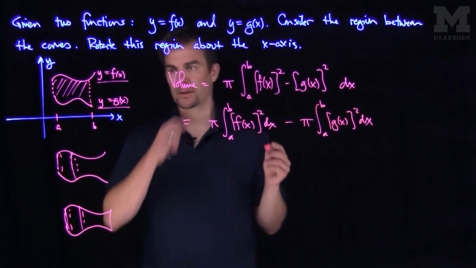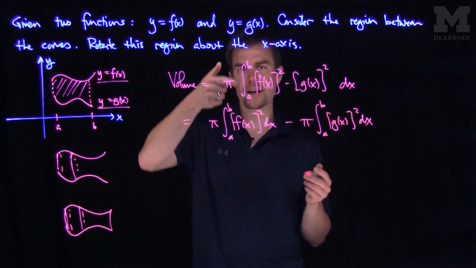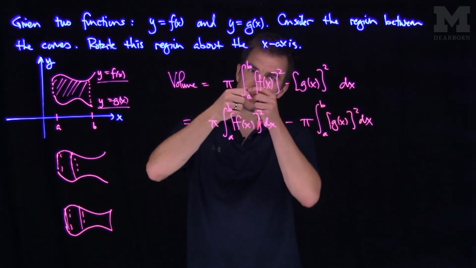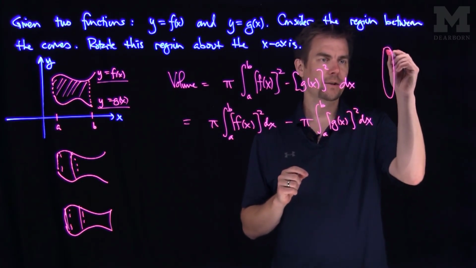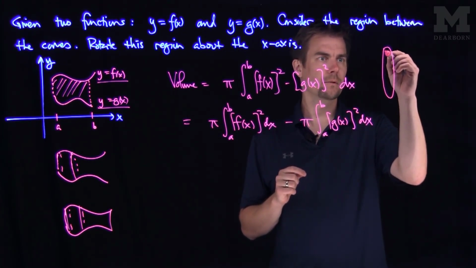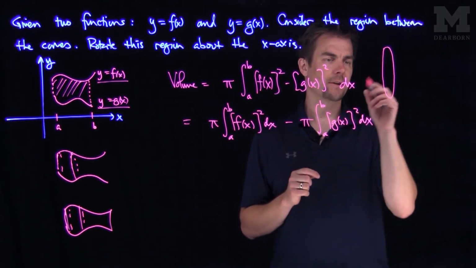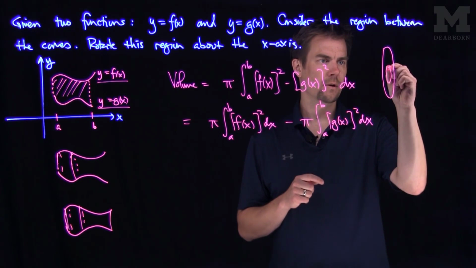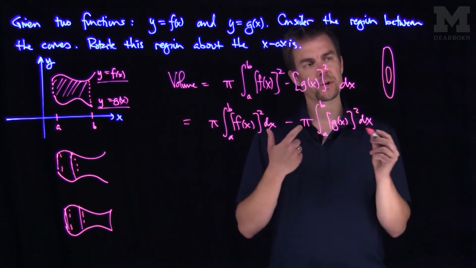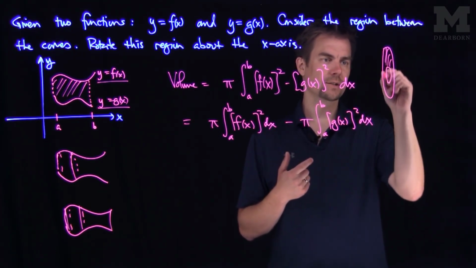And these will no longer be disks, but you're taking a disk and then you're punching out the center of the disk. So you start off with this disk from the f of x curve. There's your disk from the f of x curve. And then you're going to subtract off the disk from the g of x curve. So the shape you're going to get is these sorts of cross-sections.